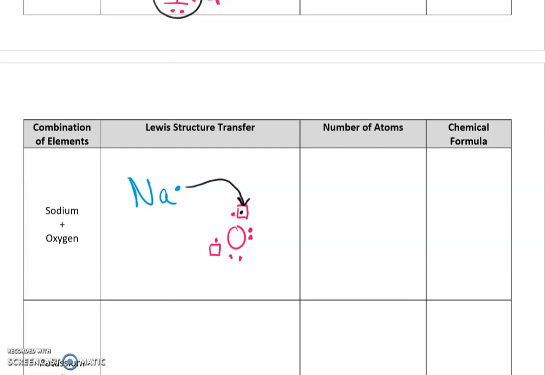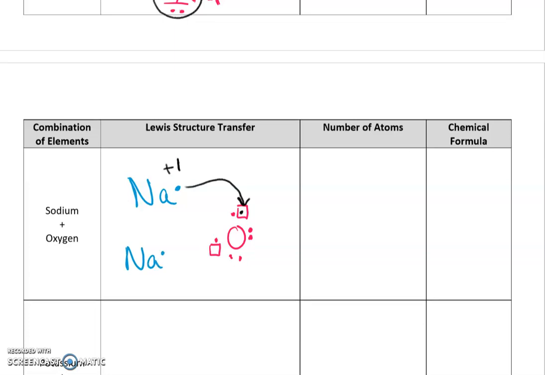Because it gave up an electron, it now has a more positive charge, and it's positive by 1 because it lost 1. However, we still have this extra unpaired electron that needs to be filled in order for oxygen to have a full valence shell. So to fill it, we actually have to have another sodium atom bond with it.